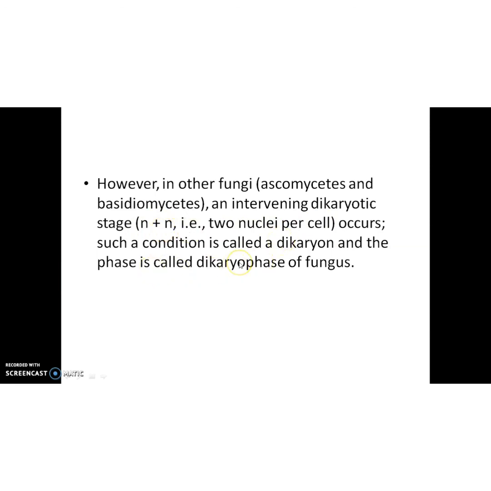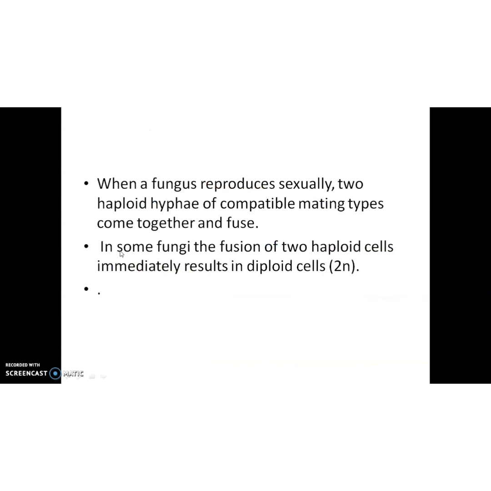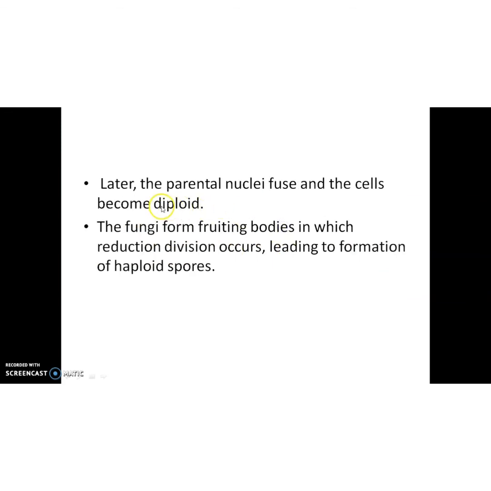This condition is dikaryon and this phase is known as dikaryophase. So in basidiomycetes, here you can see dikaryotic mycelium. Now it's clear what dikaryotic mycelium is. Later, the parent nuclei fuse and the cells become diploid. So the fungi form fruiting bodies in which reduction division occurs, leading to the formation of haploid spores.